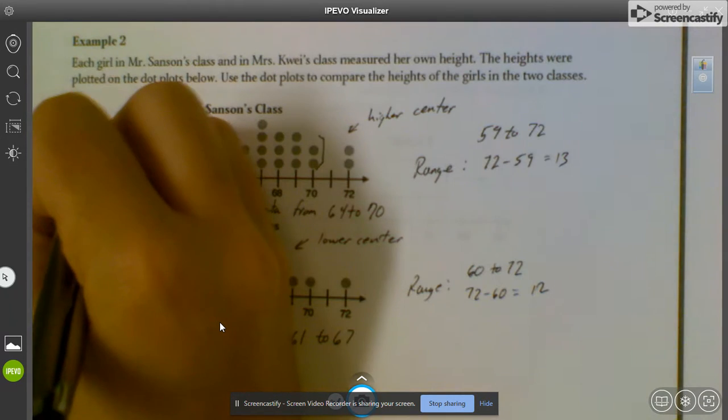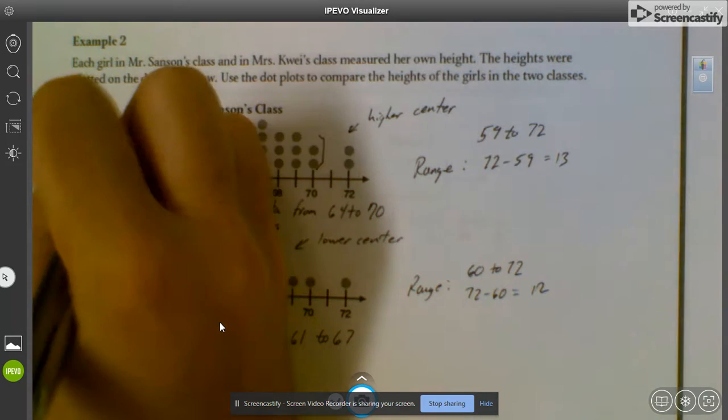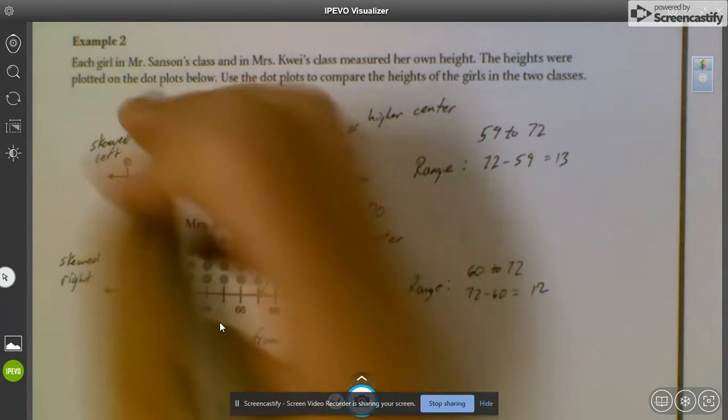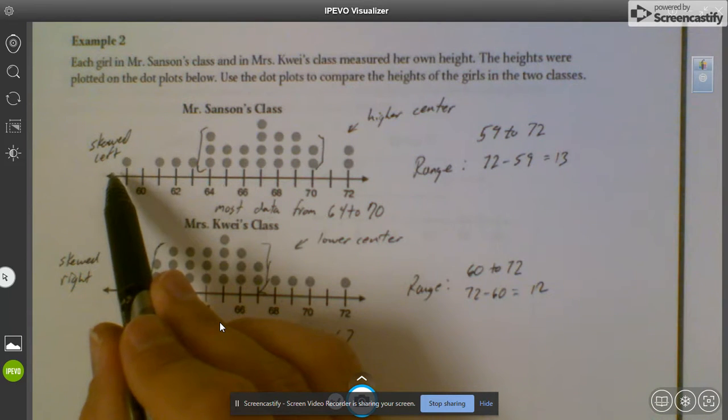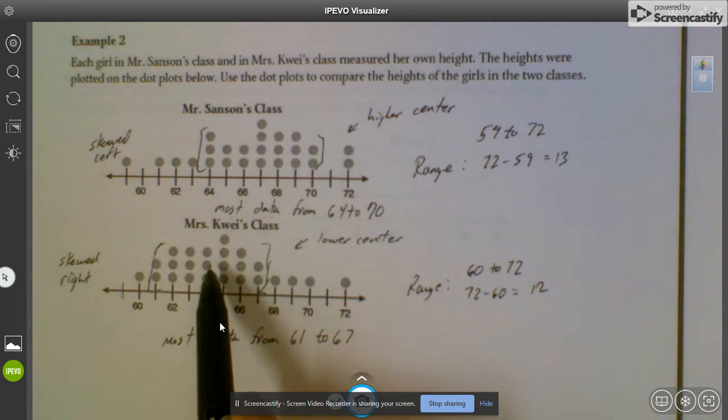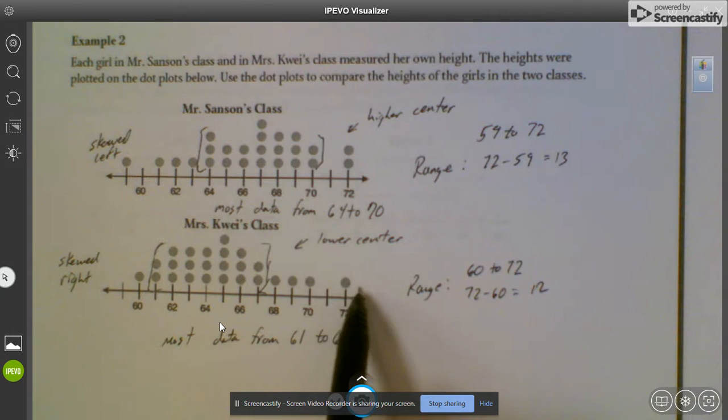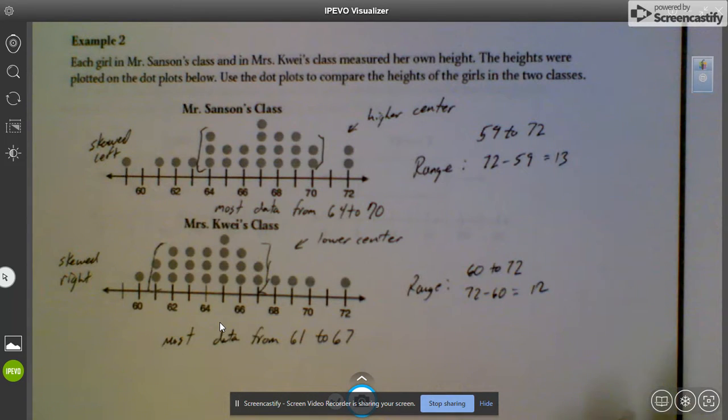And this would be an example of skewed left. Okay, because most of your data is on the right side, and you seem to have this little tail over here on the left side. And then on this one, most of the data is here, and you have these 4 dots over here to give that tail on the right side. Okay, so skewed left, skewed right, just examples of what those look like.